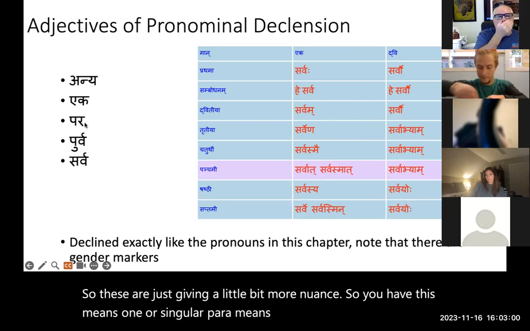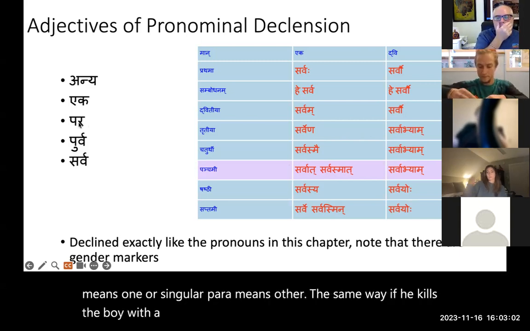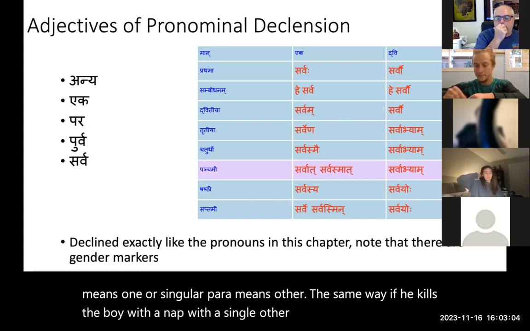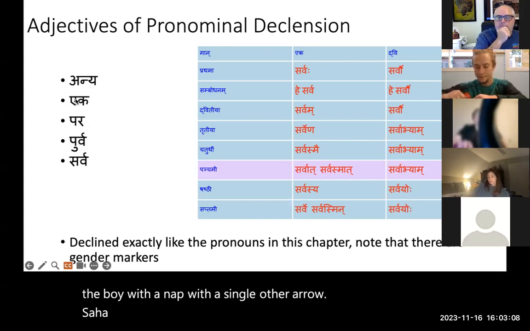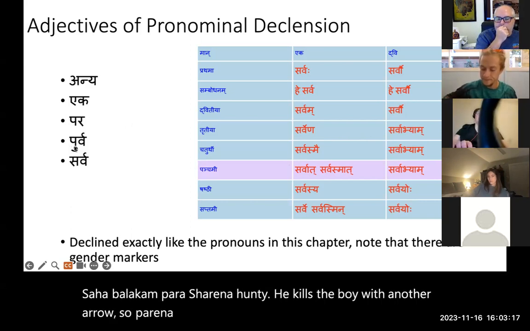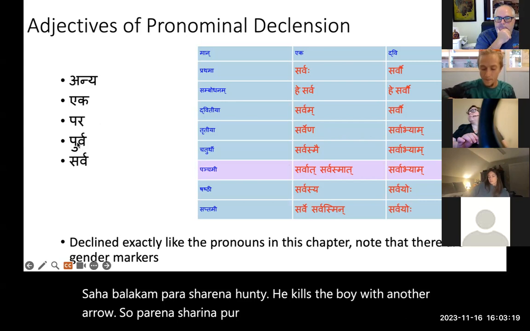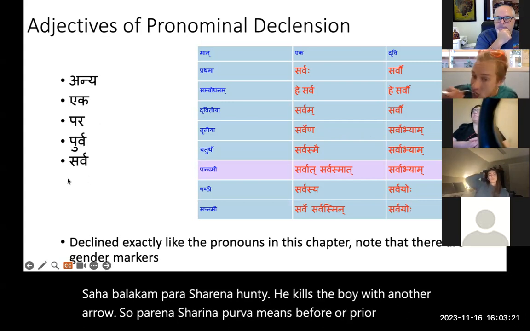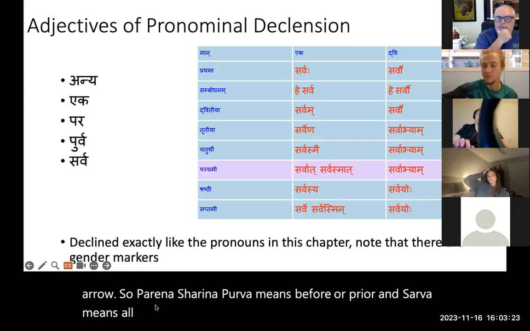The same way, if he kills the boy with a single other arrow, balakam parasharena hanti. He kills the boy with another arrow. So parena sharena. Purva means before or prior, and sarva means all. Don't worry too hard about this.